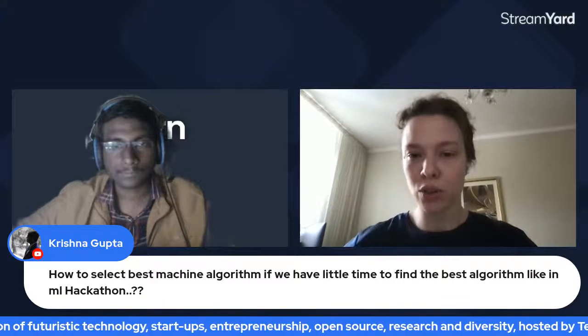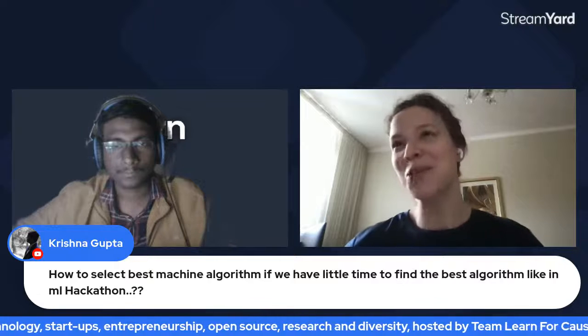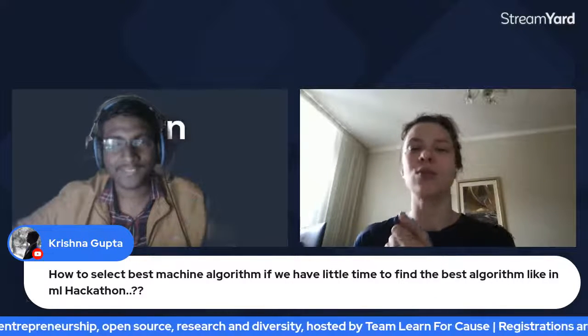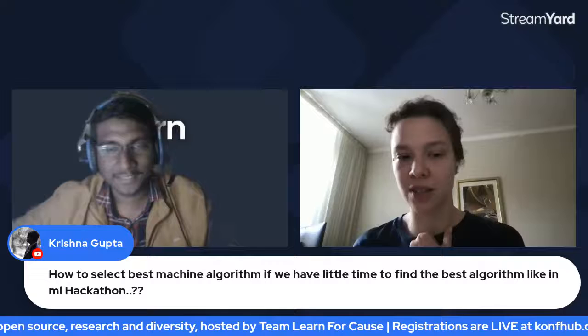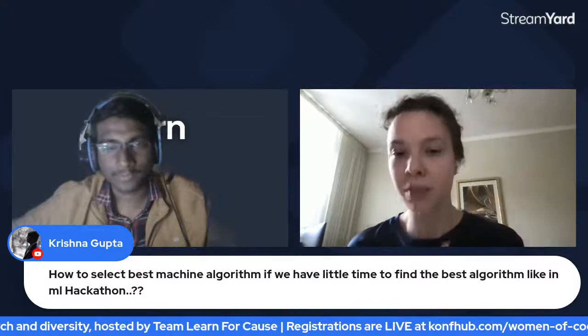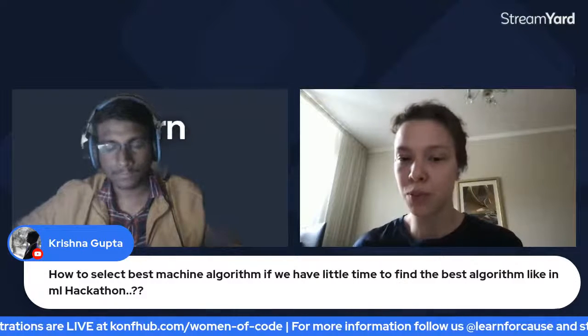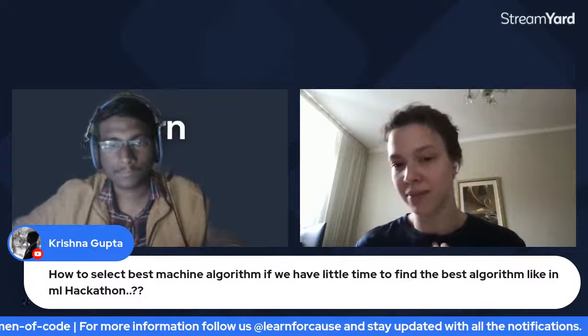You normally use PyTorch. I would recommend PyTorch, but you also can use TensorFlow. It's also really, really great. If you have tabular data, then you try gradient boosting. There are three main libraries in gradient boosting: XGBoost, CatBoost, and LightGBM, and you can try all three of them.